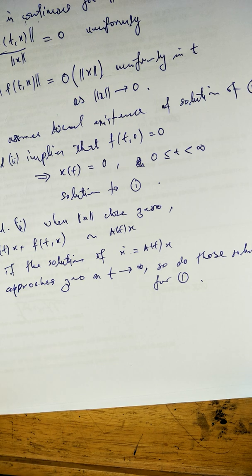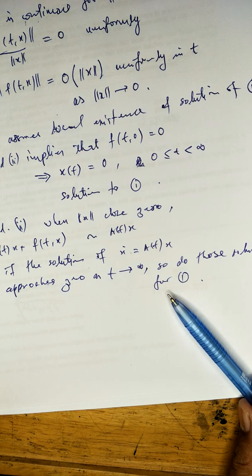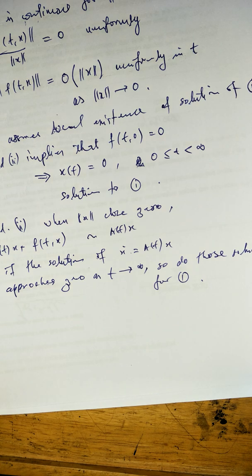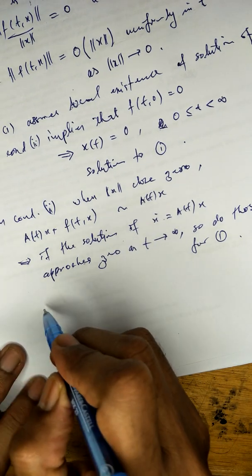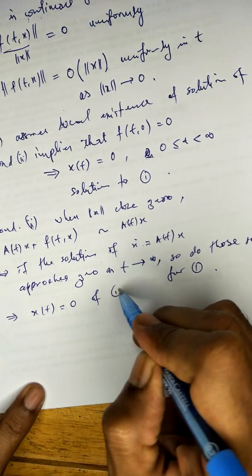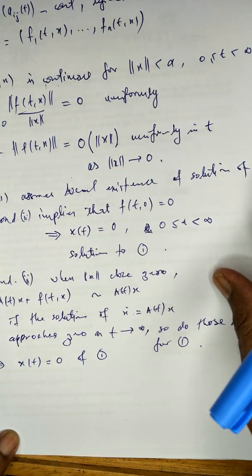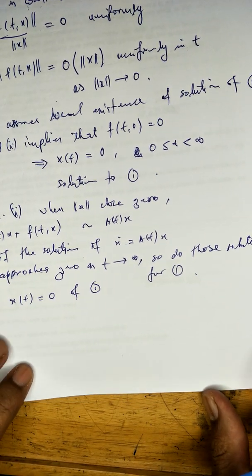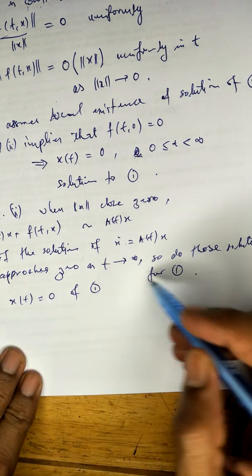Okay, so equivalently, if the solution of the linear system is asymptotically stable, where A is a real constant matrix, then we can say that the solution x(t) = 0 of our nonlinear system 1 is asymptotically stable.